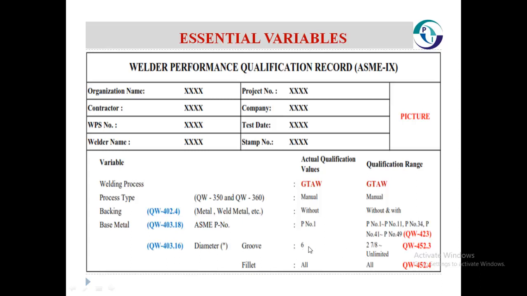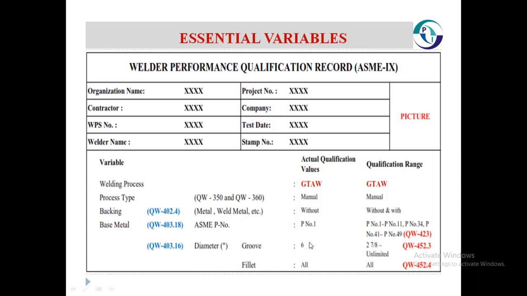If the pipe diameter is from 1 inch to 2-7/8 inches or 73 millimeter, then the minimum will be 1 inch to unlimited.